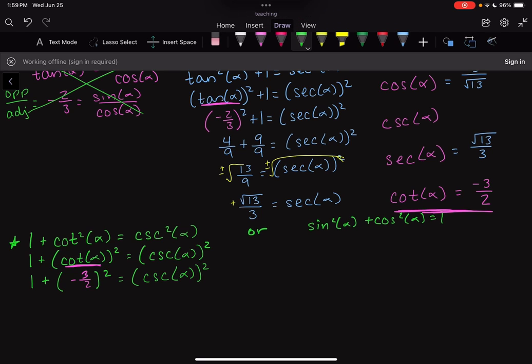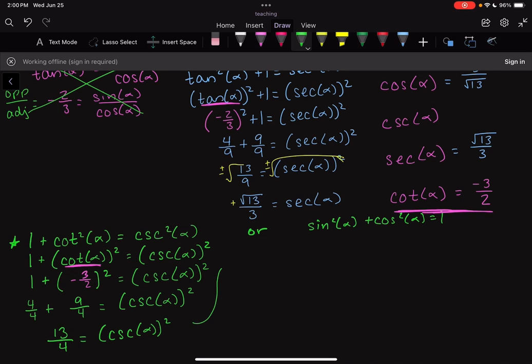Simplifying this, this will become 9/4. So I can make this 1 a 4/4, and I get cosecant alpha squared. This gives me 13/4 equals cosecant alpha squared.